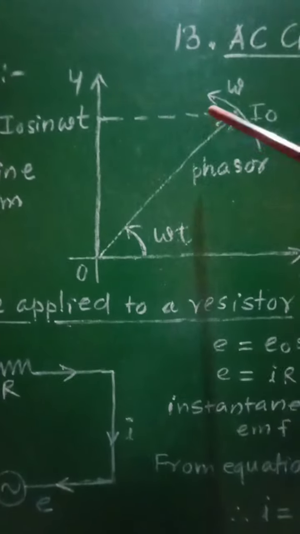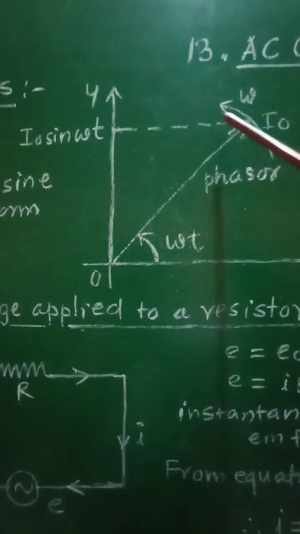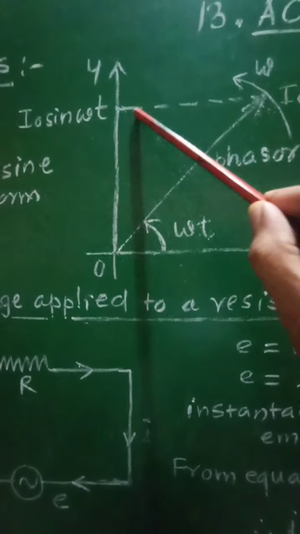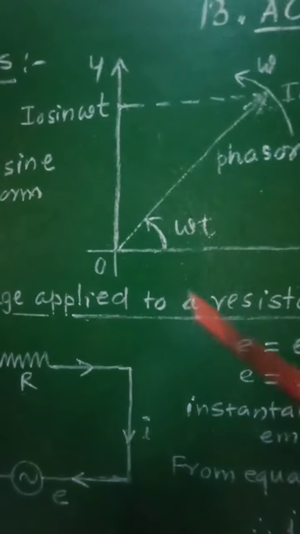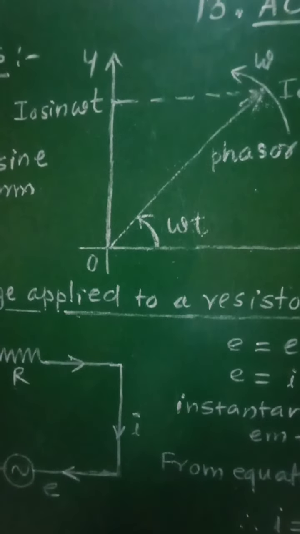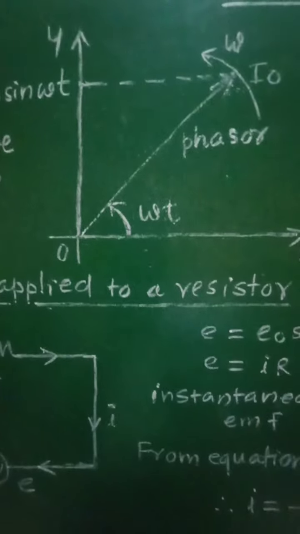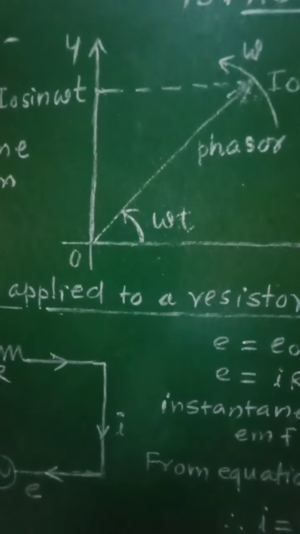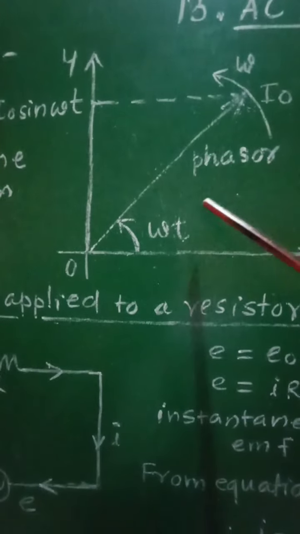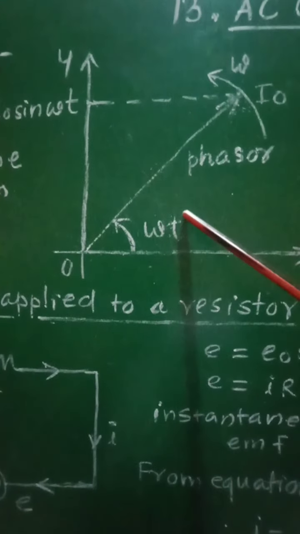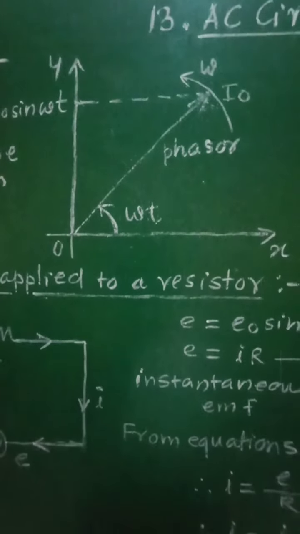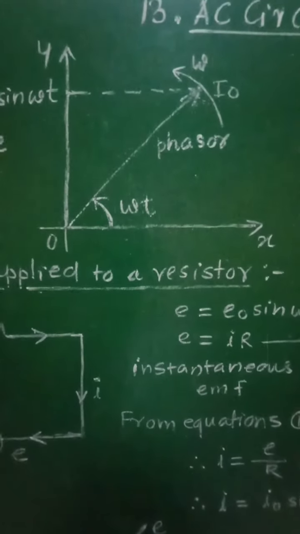Similarly, if a perpendicular is drawn from the end of this phasor on the y-axis or on the x-axis, that will be called the projection. So the projection of that phasor on a fixed axis will give us the instantaneous value of alternating current or alternating EMF.